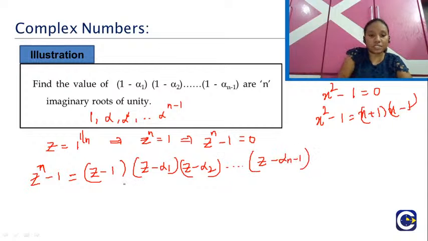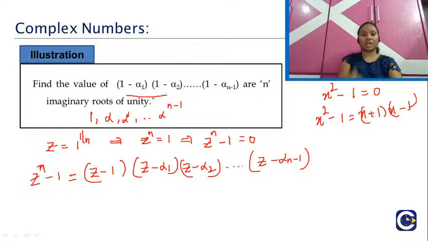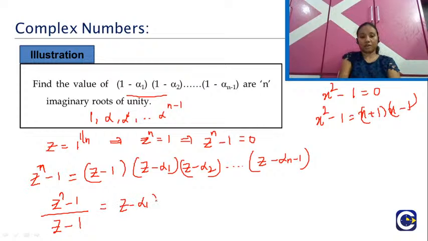If I observe the right hand side of my equation and the given question, it is 1 minus alpha 1, which means this term does not exist here. So I'll bring this z minus 1 to the other side, which will be z power n minus 1 by z minus 1, equal to z minus alpha 1 into z minus alpha 2, and so on until z minus alpha n minus 1.